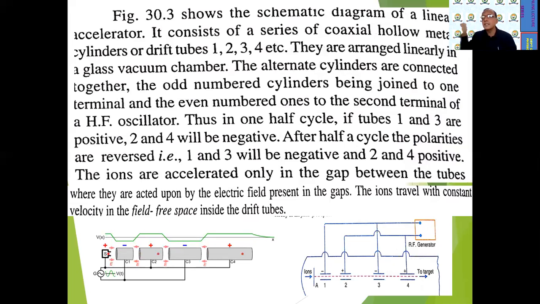Accelerator because it accelerates, linear because the cylinders are placed along the axis, and the time of ions coming into the gap and the frequency of the oscillator's polarity change, the half cycle time, should be the same. That means it is resonance, and that's why this accelerator is called a linear resonance accelerator. Have you got the idea of giving the name linear resonance accelerator?